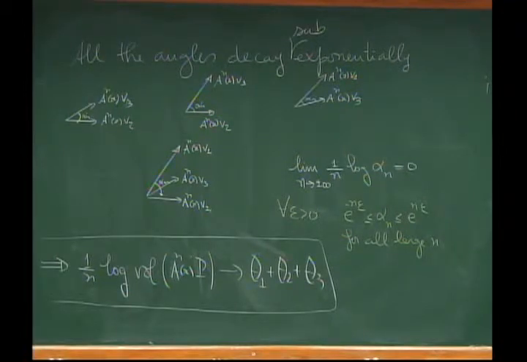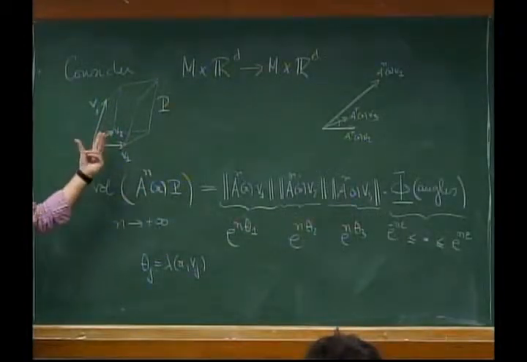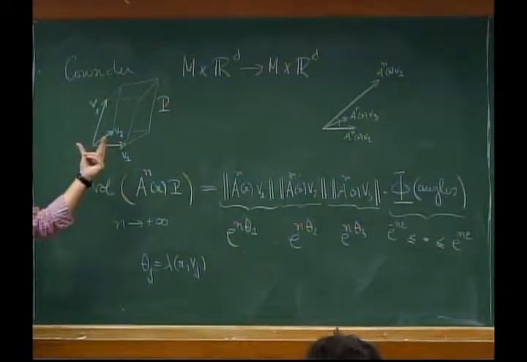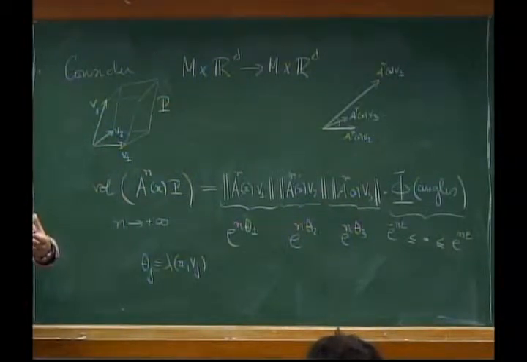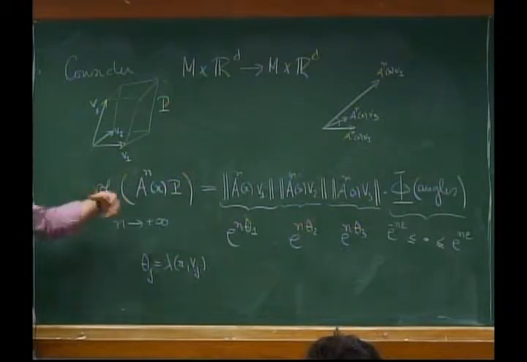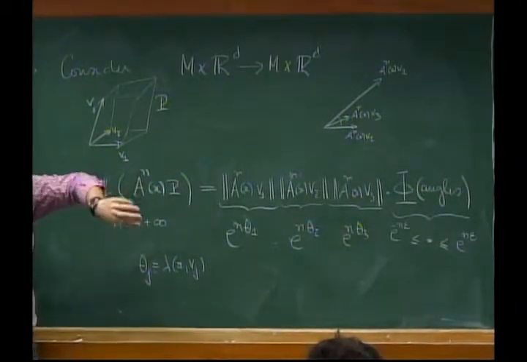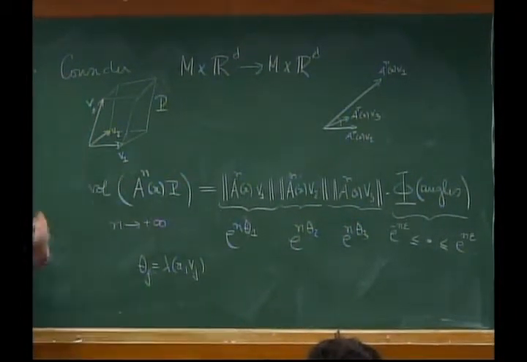Of course, that depends on the values of theta 1, theta 2, and theta 3, which depend on the positions of the vectors. So if I ask you, choose any parallelogram, make these parallelograms rotate in the way you want.